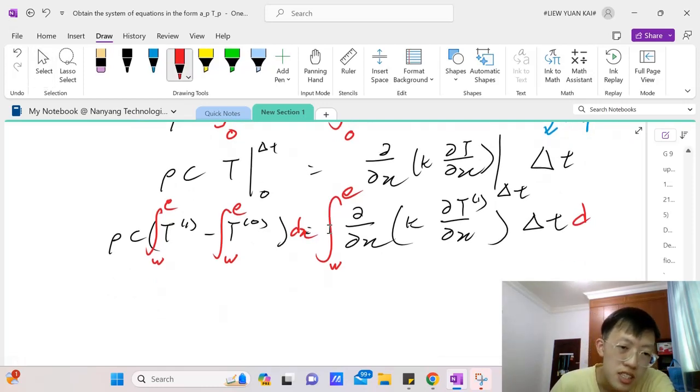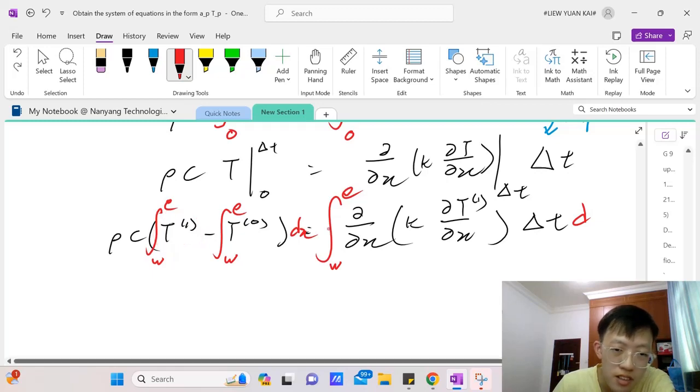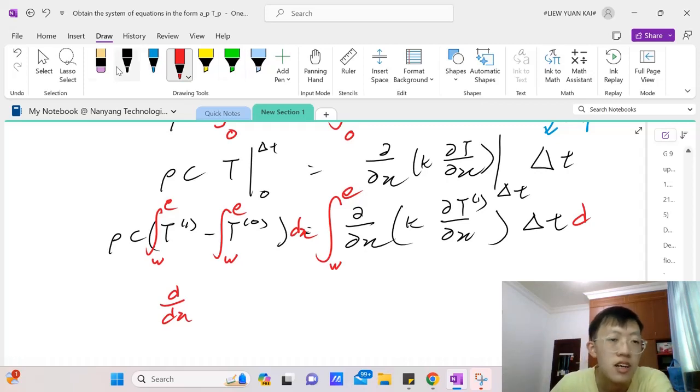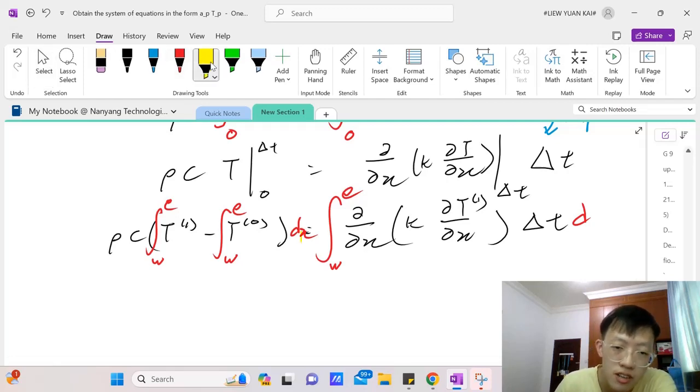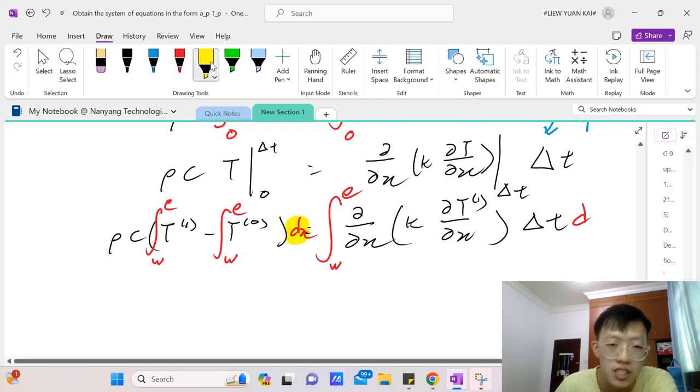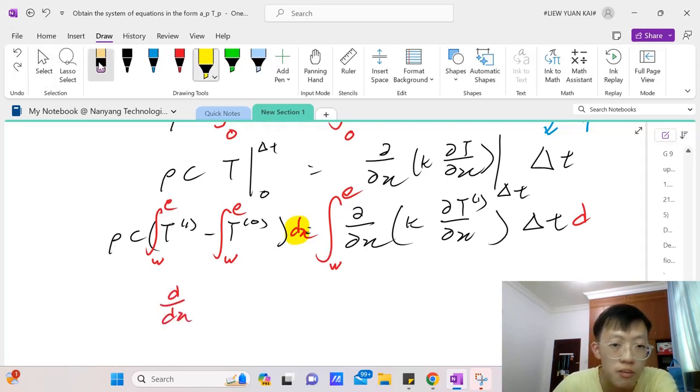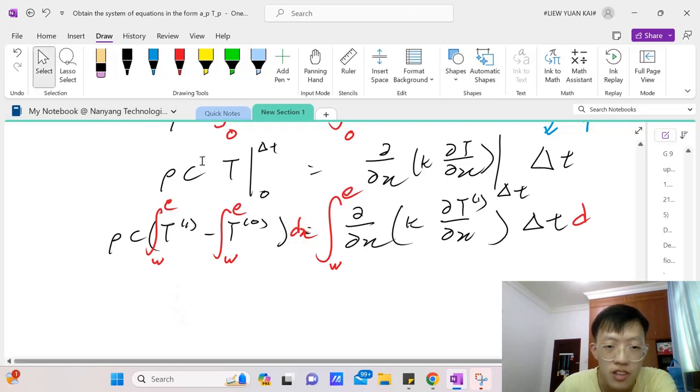But how do we do this? Again, we cannot use the integration to downgrade the derivative. There's no d/dx for us to just say the integral cancels with the derivative. Since you cannot downgrade the derivative, let's go back up and use the formula. But first, let's take a look. We're integrating with respect to space. x refers to space. So which of the three formulas that I showed above has space?